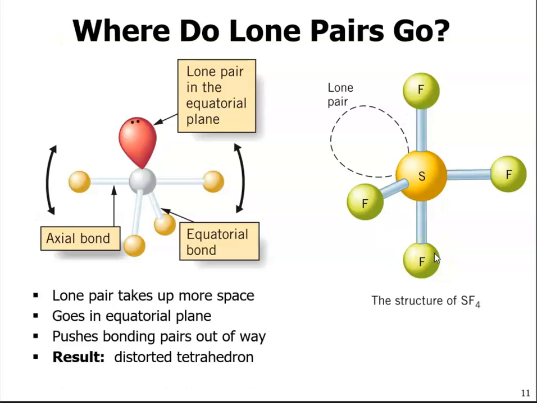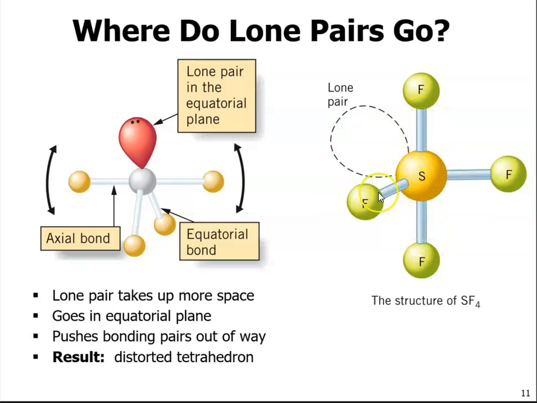In this slide, we talk about where those things end up going. Not all electron domain positions in the geometry are created evenly, especially when we have 5 bonding domains. Remember, we had different locations: equatorial positions and axial positions.